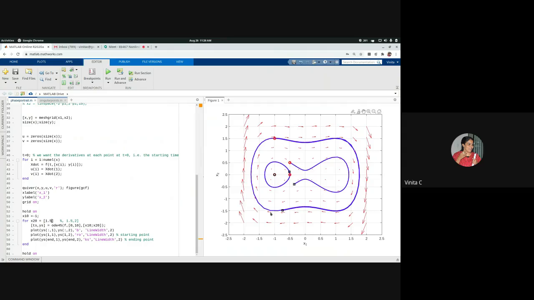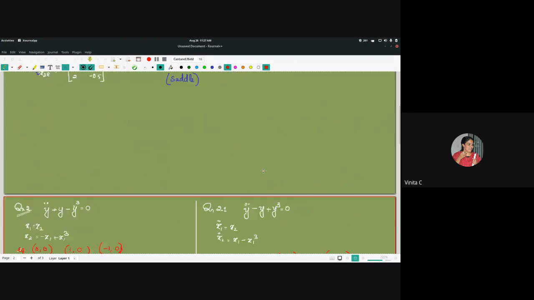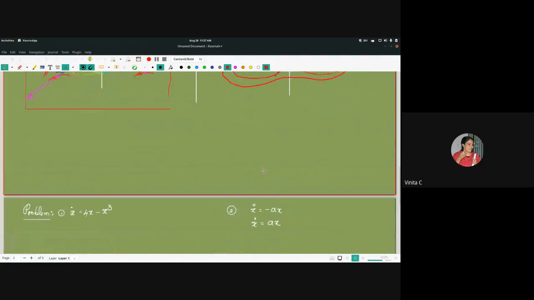It is something like a limit cycle formed across these equilibrium points. These kinds of curves are possible only because of the phase portraits of the system at different equilibrium points, and we can also draw them by hand by looking at those characteristics. Okay, so this is about this part of the lecture.